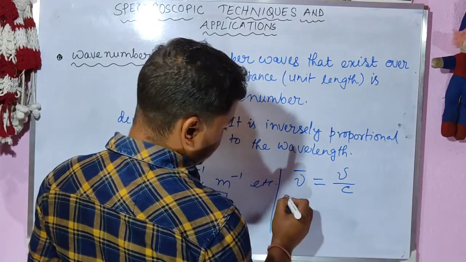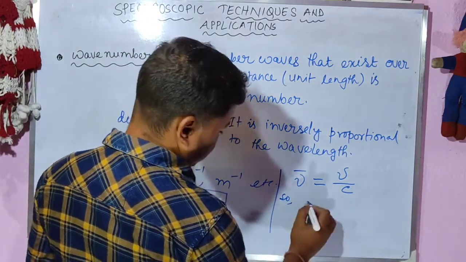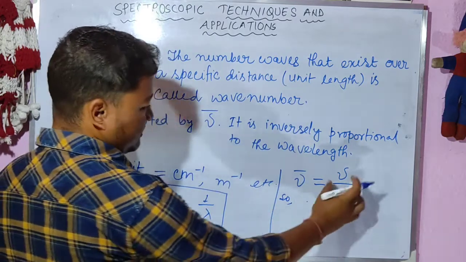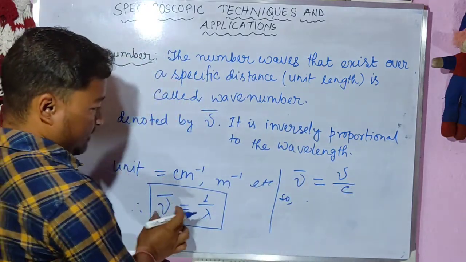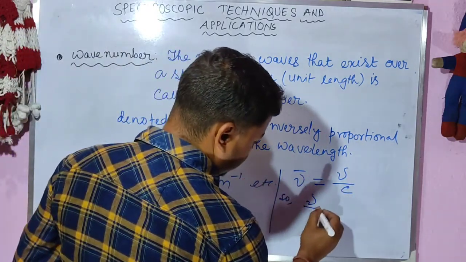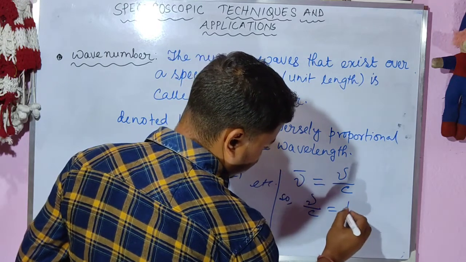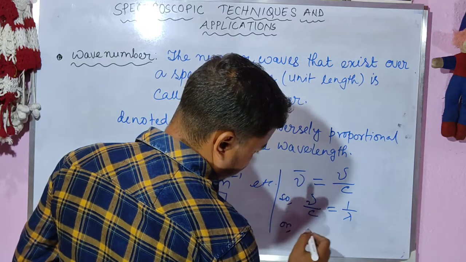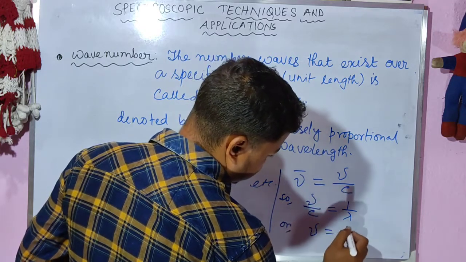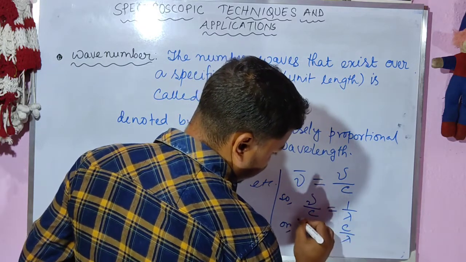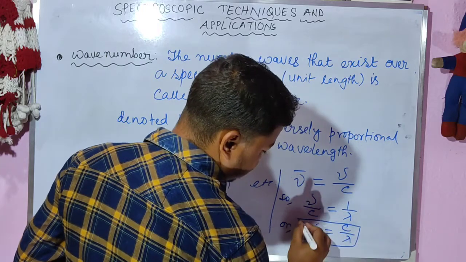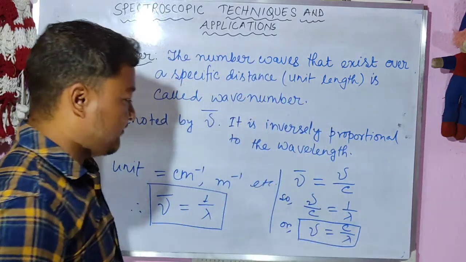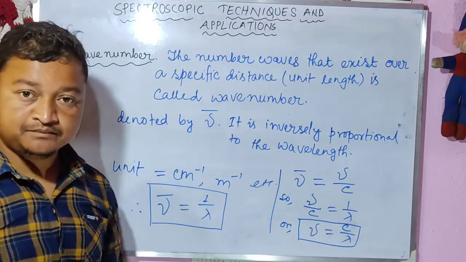So if we put this value here, nu by c equals 1 by lambda, or nu equals c by lambda. This relation is important for mathematics. Okay.